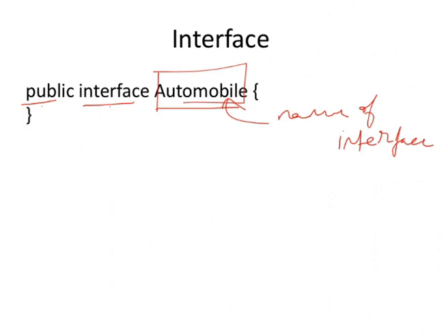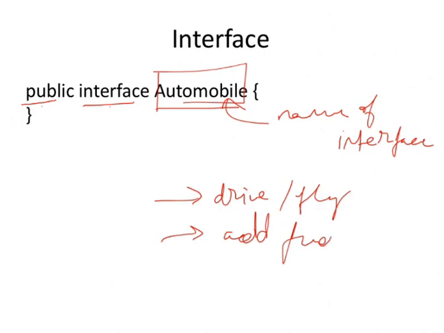Since we are trying to represent a car and a flying car and a bike inside this automobile interface, all these classes must have one common functionality. So let's just guess that one of these functionalities is obviously drive or fly or add fuel or say maker's name and stuff like that.